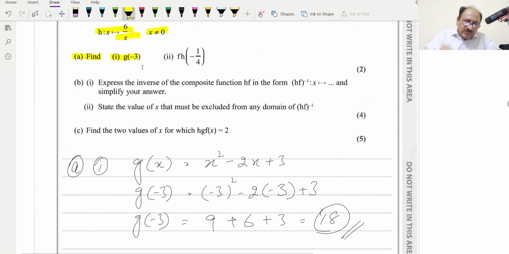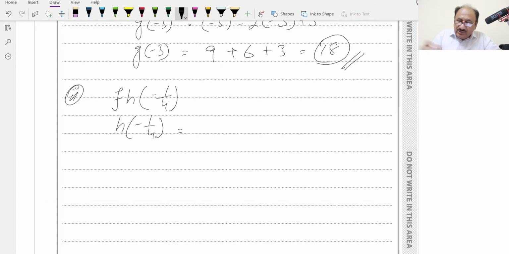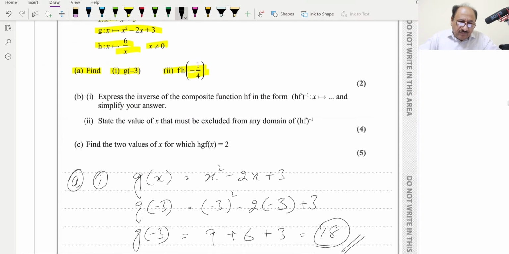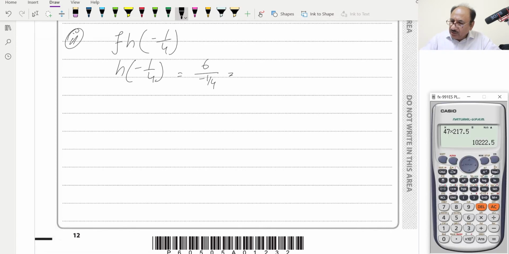And second is f of h of minus 1 over 4. So for the second part we have to find f of h of minus 1 over 4. First of all we will find h of minus 1 over 4, and h of x is what? H of x is 6 over x. So 6 over minus 1 over 4, and we can use a calculator, this will be minus 24.